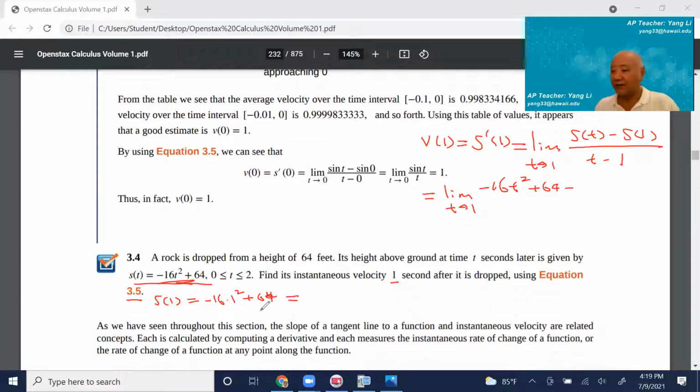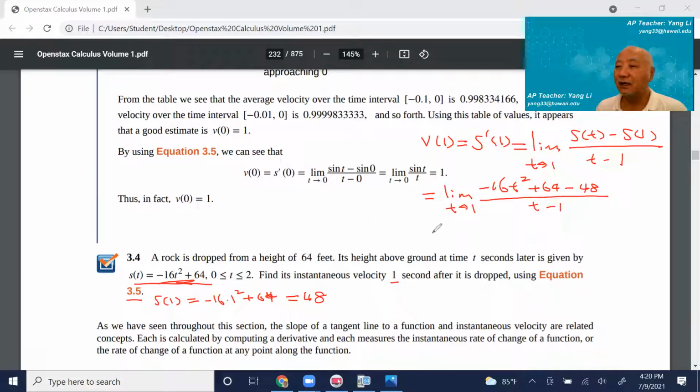Let's get the calculator out. 64 minus 16 gives 48, so s(1) equals 48. Then we divide by t minus 1, and 64 minus 48 equals 16.